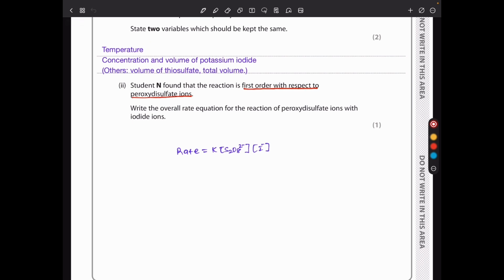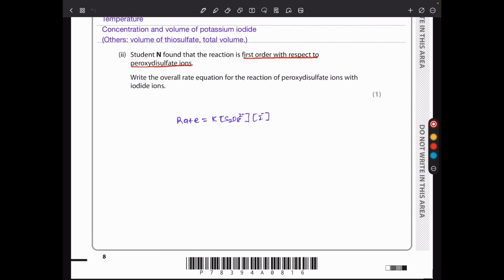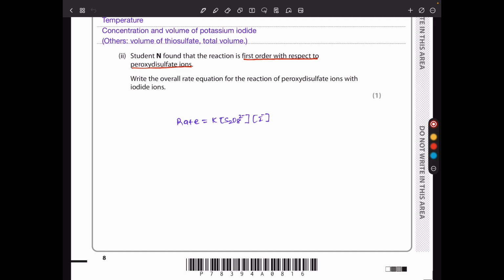Then student N found that the reaction is first order with respect to peroxydisulfate ions. Write the overall rate equation for the reaction of peroxydisulfate ions with iodide ions. We've already established both are first order, so rate equals k times the concentration of peroxydisulfate times the concentration of iodide. We already determined the order for iodide from the graph because it went through the origin.